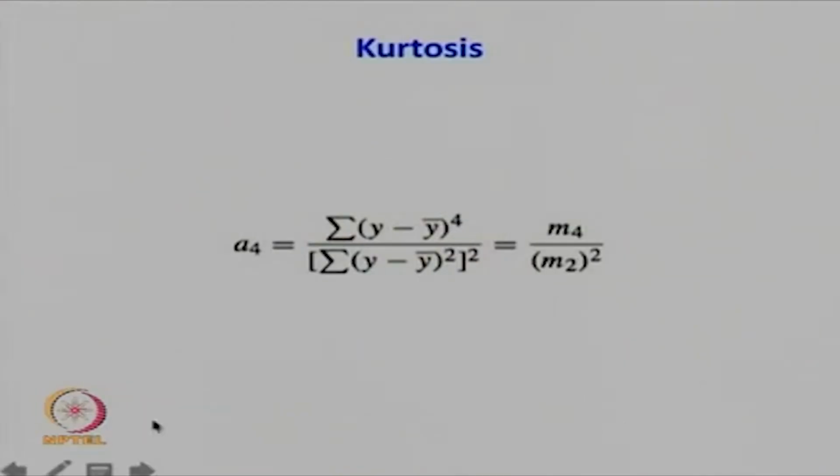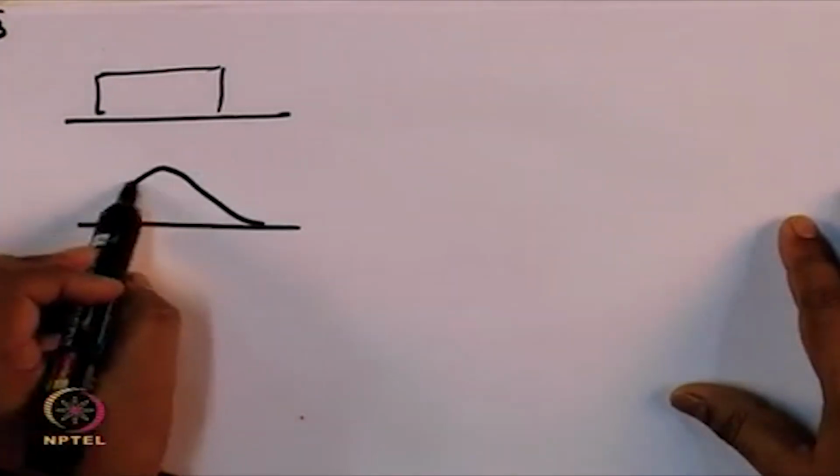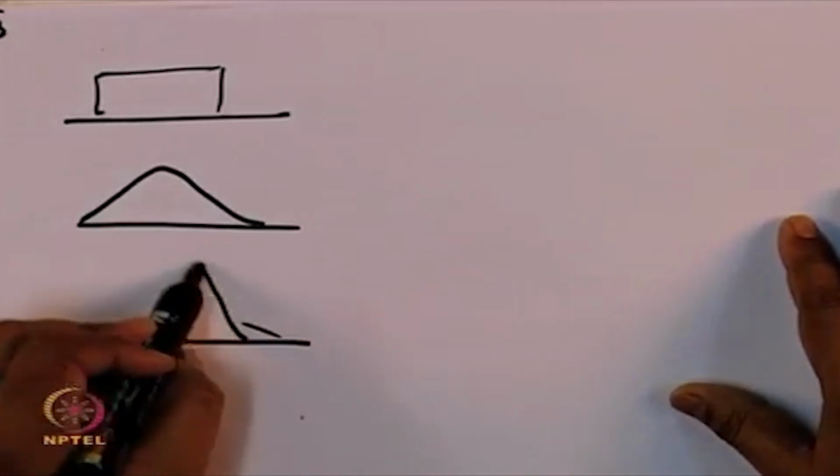There is another metric of characterizing a distribution which we call kurtosis. Kurtosis is a way of measuring the peakedness of a curve, or how flat or how sharp the curve is. I can have two curves, let us say this is one situation, this is another, and this is another.